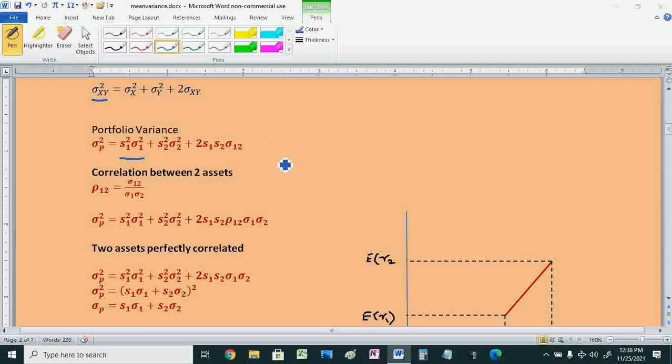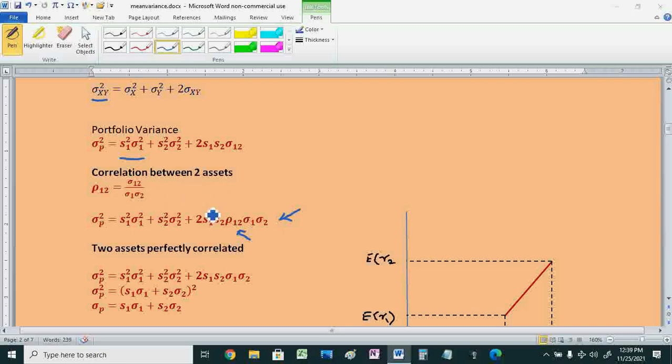That has then been converted in this form, where I have introduced a correlation coefficient here. Recall that correlation between any two random variables is equal to covariance divided by the standard deviation of one random variable multiplied by the standard deviation of the other variable.